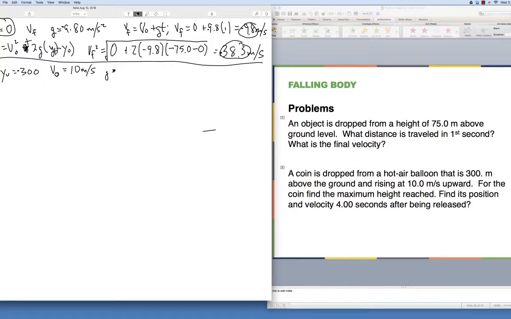And g doesn't change. It's 9.8 and it's negative meters per second squared. And t is 4 seconds. So the first question they've asked is find the maximum height it's reached.